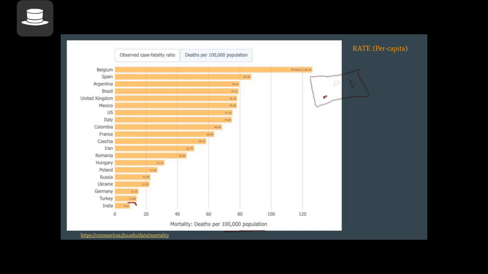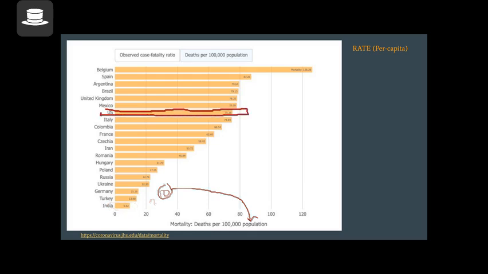It is interesting that it is 9.6. So roughly 10 individuals out of every 100,000 individuals are dying in India because of COVID. And if you look at the US, it is right here. It's like 75 people out of every 100,000 people are dying because of COVID.